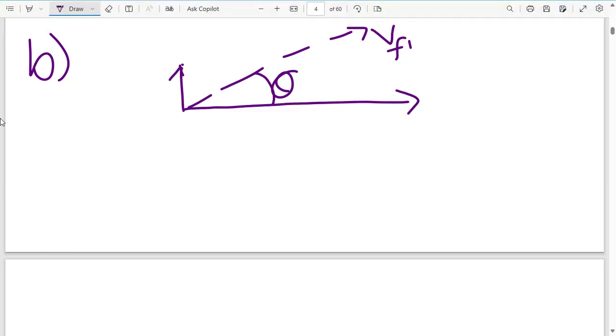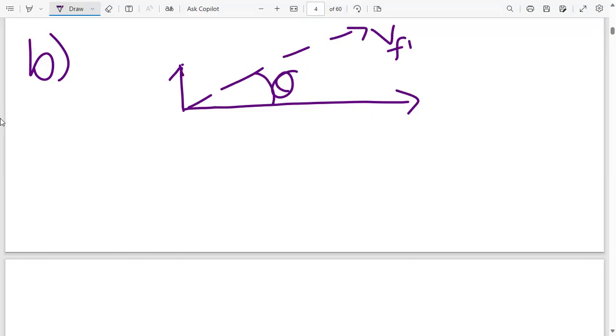Since this is collision in 2 dimensions, we're going to use the conservation of momentum, to say initial momentum should be equal to final momentum. So we're going to notice that we have momentum in the x and momentum in the y.